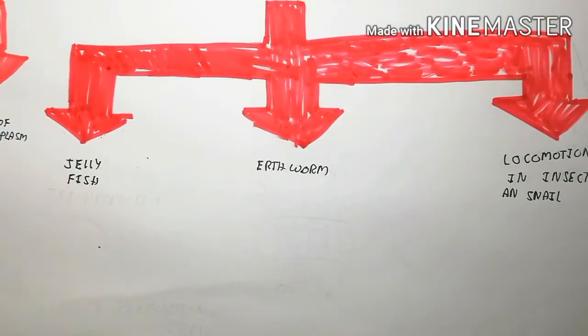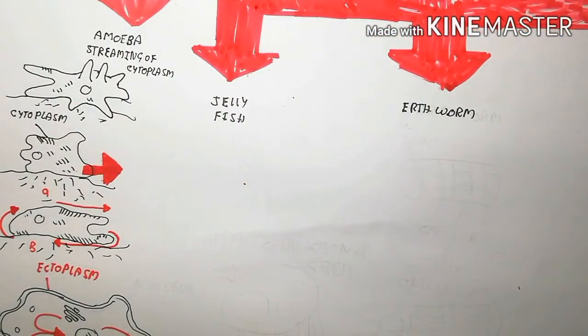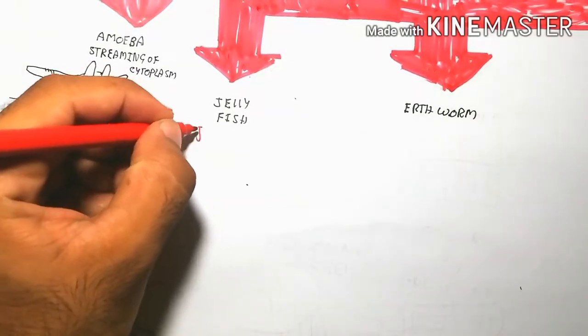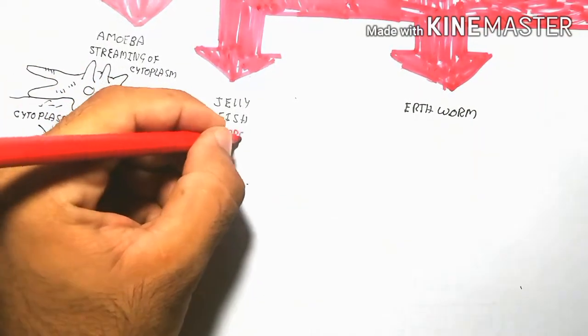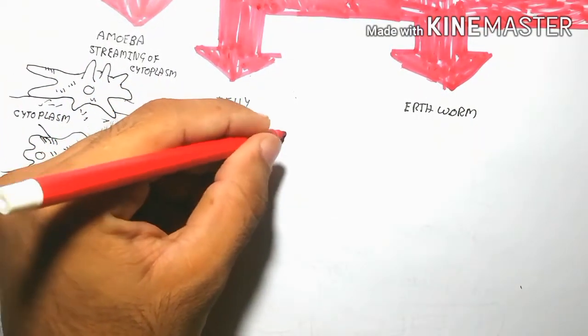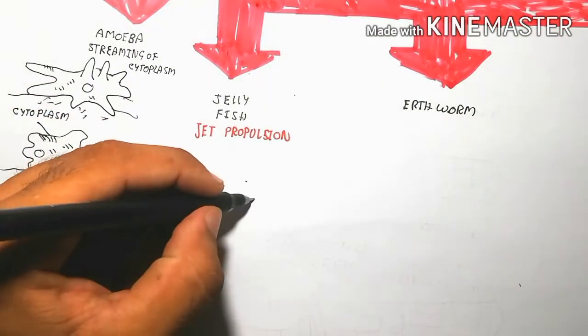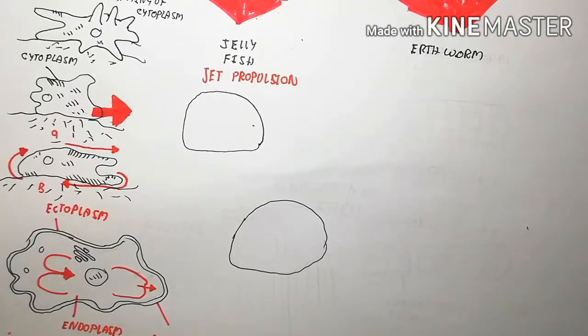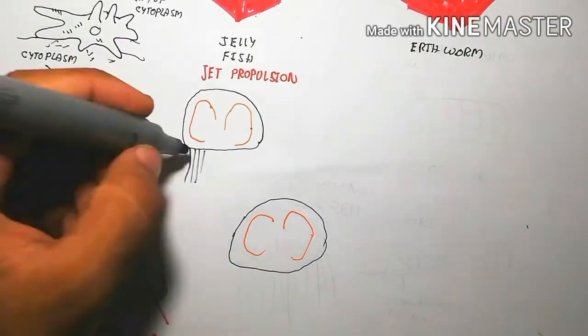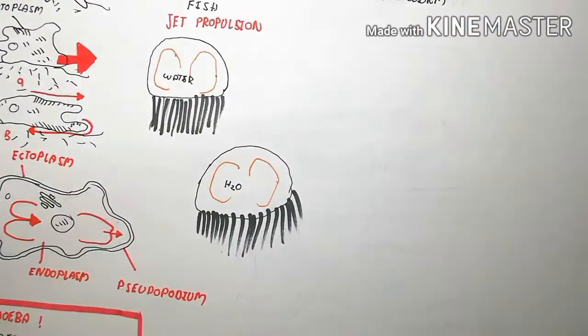We will discuss the locomotion of insects and snails later, but we will focus on two organisms. Jellyfish is basically the medusa stage of Obelia or Hydra, which converts into the medusa.